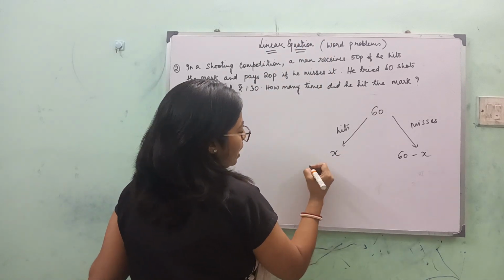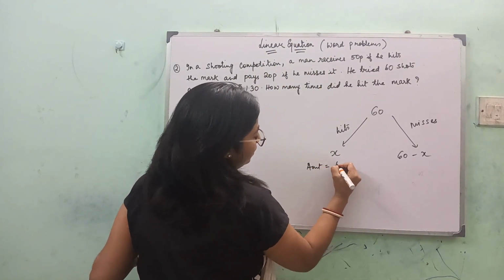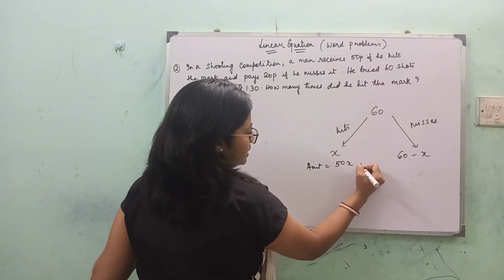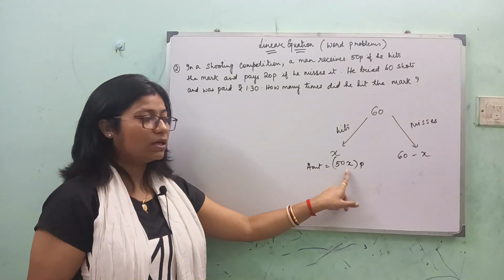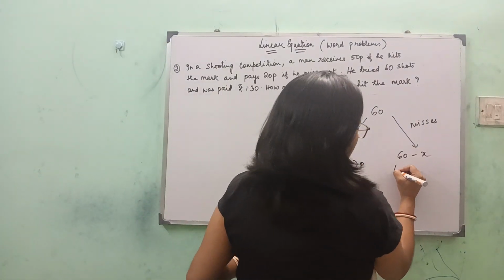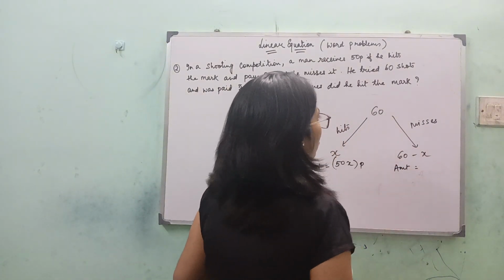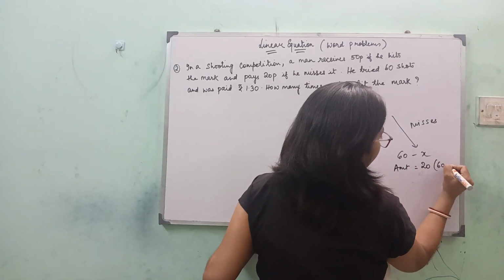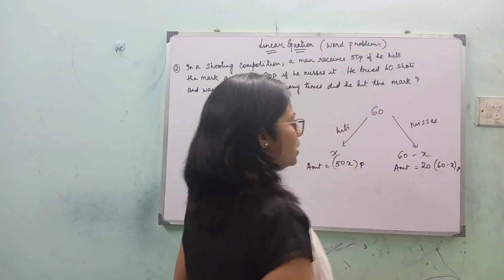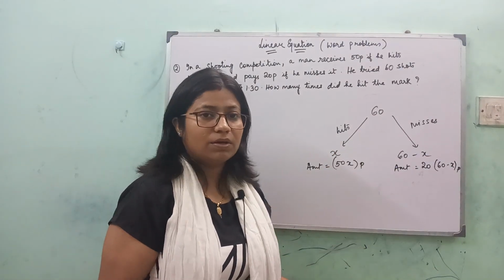So for x times, how much amount will he receive? 50x paise. This much he is receiving. And for missing, the amount that he has to pay is how much? That is 20 paise. So 20 into (60 minus x). This much he will have to pay.